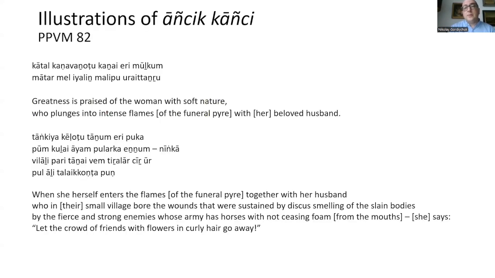And in Purapporul Venbamalai, we have actually two examples of what Anji is as a sub-theme of Puram poetry. In Purapporul Venbamalai 82, we have a passage where the greatness is praised of the woman with soft nature, who plunges into intense flame, together with her beloved husband.